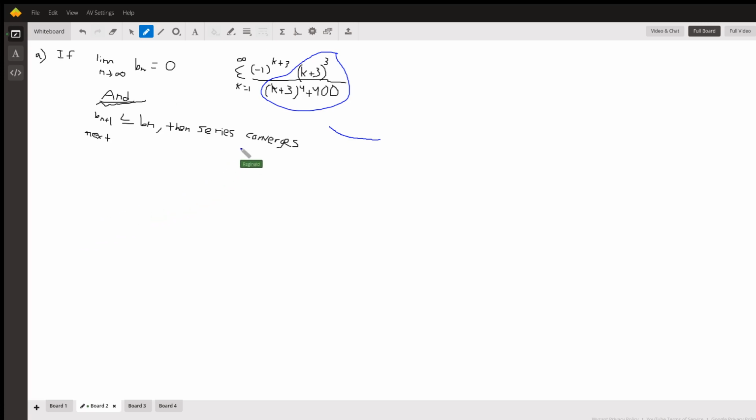So going back here, for our next term I'm going to add 1 to the k, so it'll be k plus 4 to the third over k plus 4 to the fourth plus 400. And I'm going to keep the negative 1 to the k plus 4 as well.